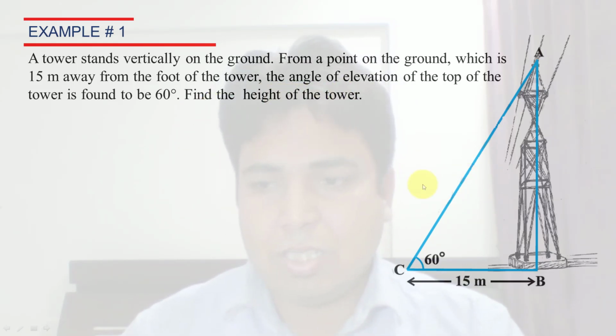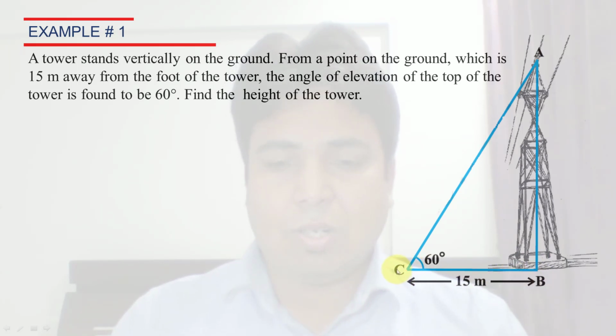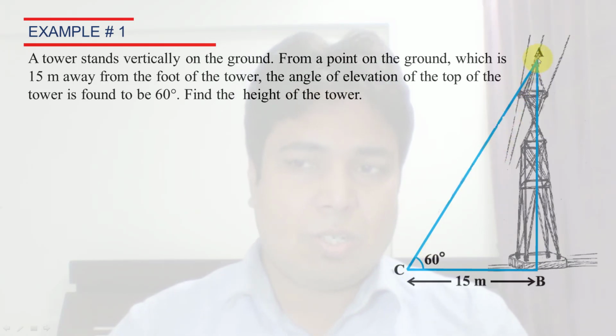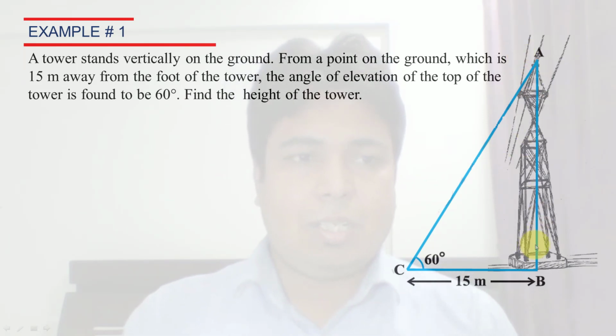So as per the question, you can see this is the tower standing on the ground, and at the point 15 meters away from this, let's call this C, the angle of elevation of this top is 60 degree. This is the actual picture of the tower.